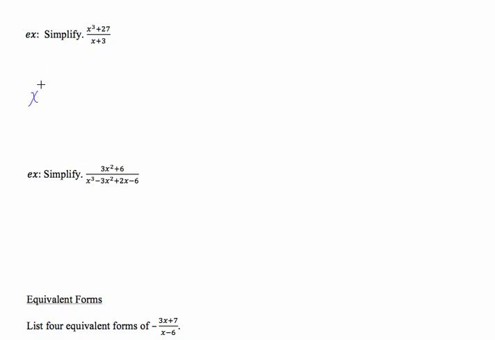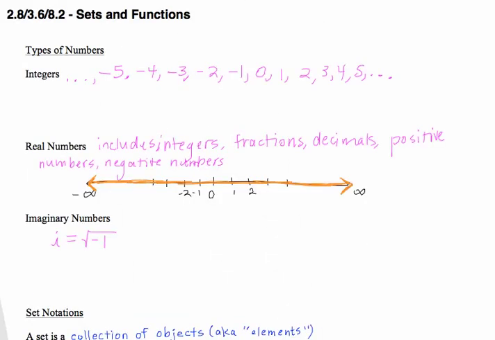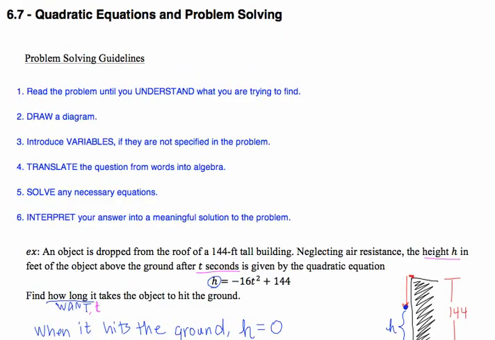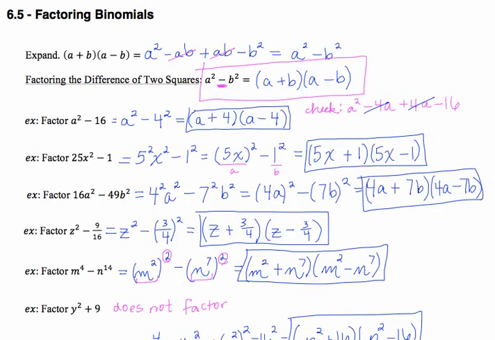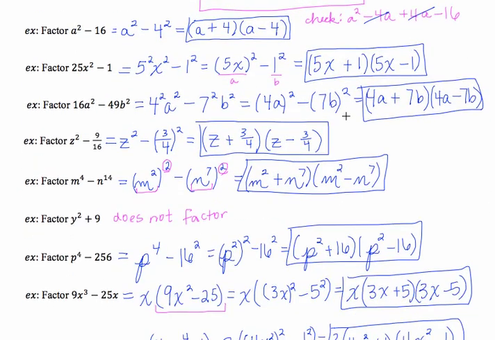Because we can think of x cubed plus 27 as x cubed plus 3 cubed. And remember, there's a special factoring formula for a sum of 2 cubes. I'm going to flip back on my notes here and find that real quickly. Okay, it's here in section 6.5.